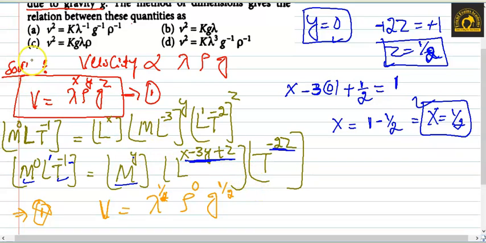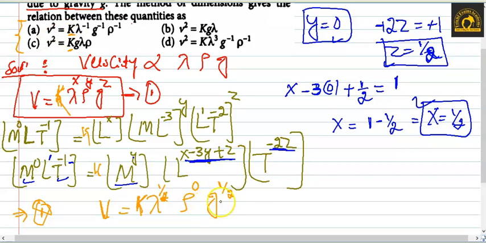K is a proportionality constant, don't be confused. It is given in the options, that is the reason I put it here. Otherwise, in the last problem, I could not put the proportionality constant because K was not given in the options.